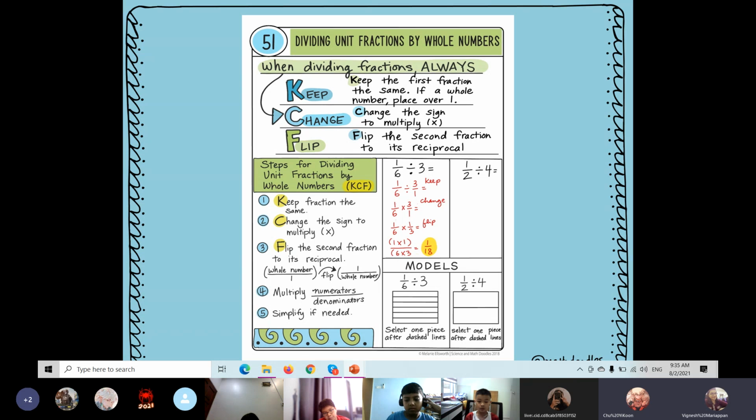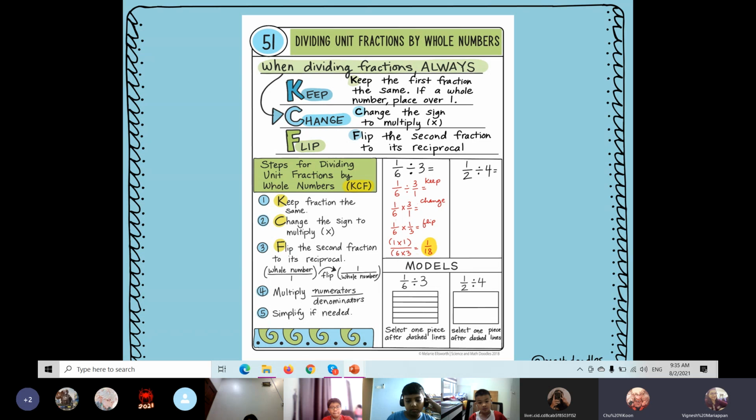No, we have to keep the first fraction the same. And then the division sign, we have to change to the multiplication sign. Can you all see how teacher changed the division sign to the multiplication sign here? Yes.